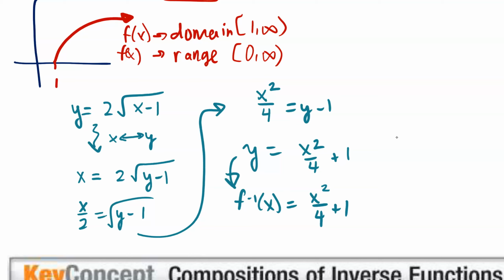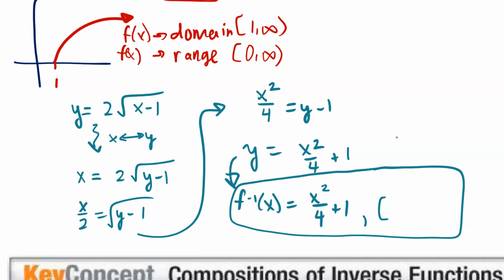Okay, so we found it. What's the restrictions on our domain? So for my inverse function, the range is what my old domain was.